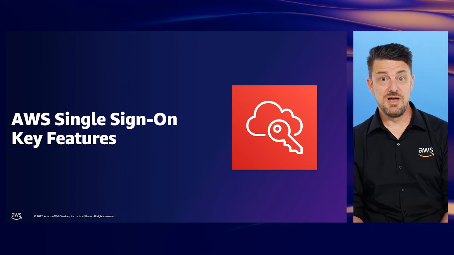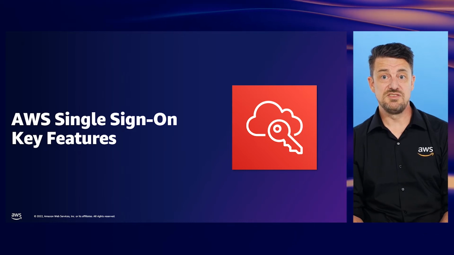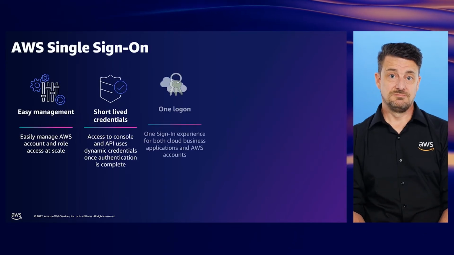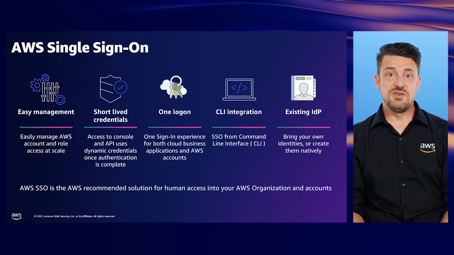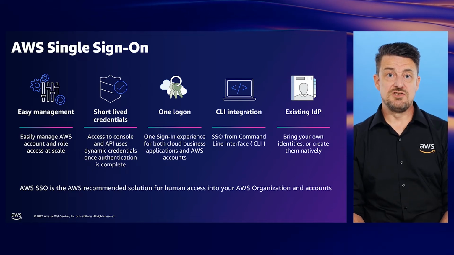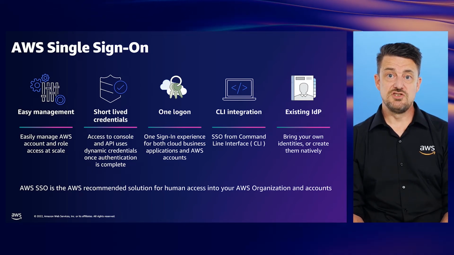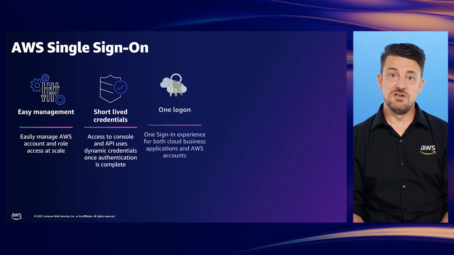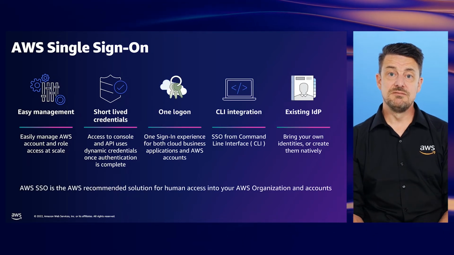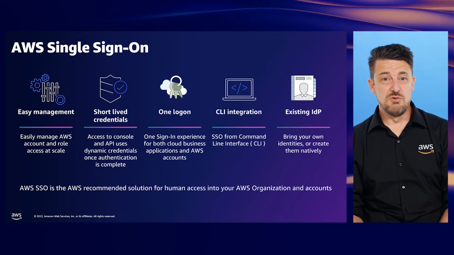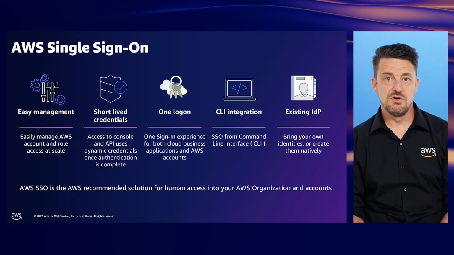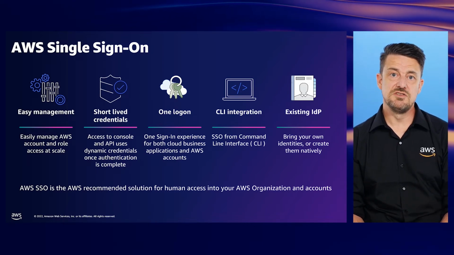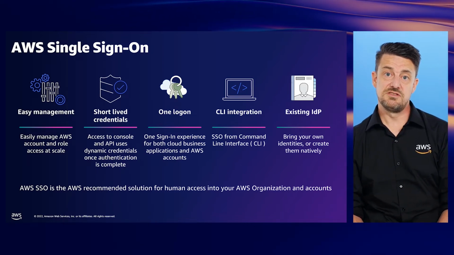So let's talk a little about the key features available in AWS SSO. AWS SSO allows you to easily manage access into your AWS Organisation at scale. All credentials issued by SSO are short-lived and use IAM roles behind the scenes. The AWS SSO portal allows you to support single sign-on into hundreds of business applications, as well as into your AWS accounts.